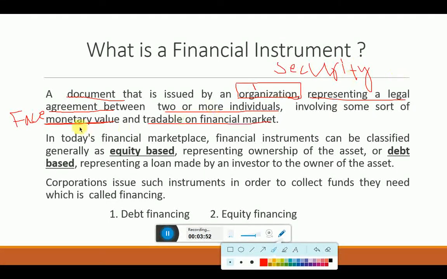Number 2, it represents legal agreement between 2 or more individuals. Number 3, it has a monetary value. Number 4, it's tradable on financial market, and as a number 5, we can say it has a maturity period.